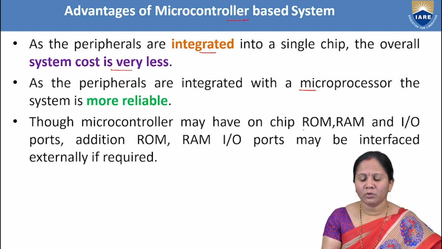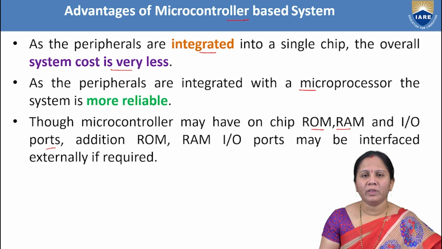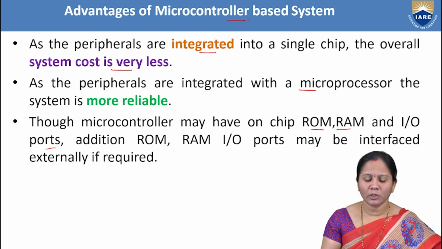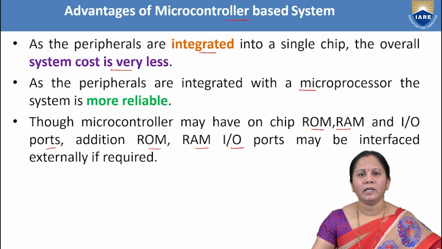Though the microcontroller has inbuilt memory, that is ROM and RAM, and it also has inbuilt IO ports, if the capacity of the memory, that is ROM and RAM, is not sufficient, there is also the possibility of adding additional ROM, RAM and IO ports to this microcontroller externally.